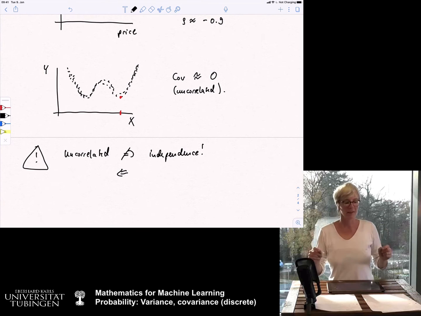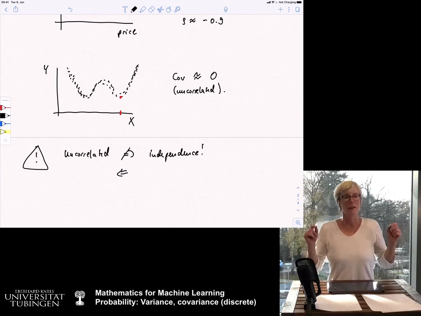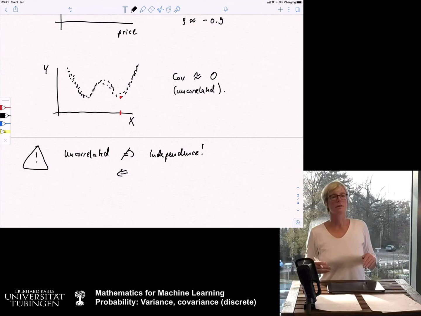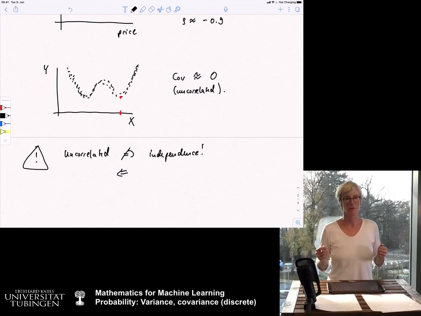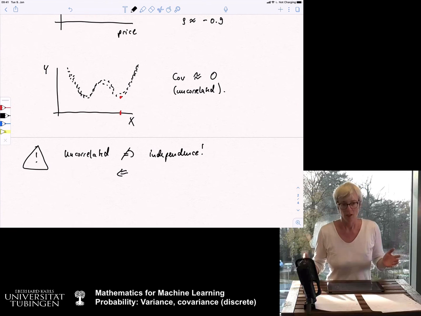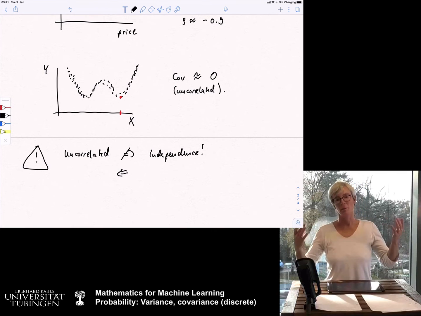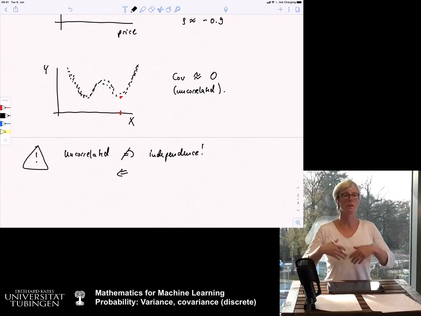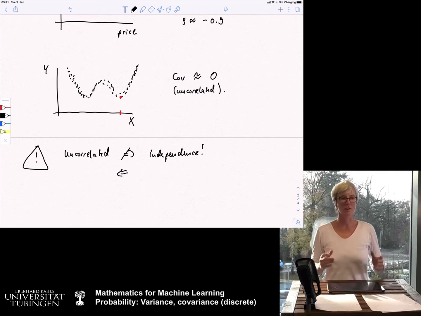However, what I'm heading at here is that correlation is just one way of measuring how dependent random variables are. In machine learning, there are many other ways in which you could measure the dependency between random variables. You could look at Kullback-Leibler divergences, for example, or mutual information, or many different measurements, and we're going to discuss them later in the lecture.